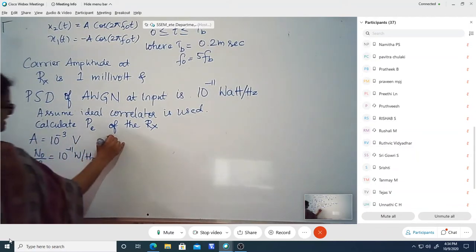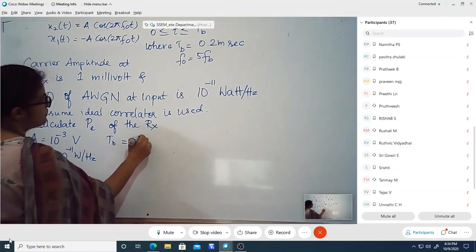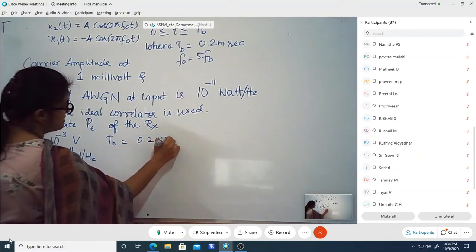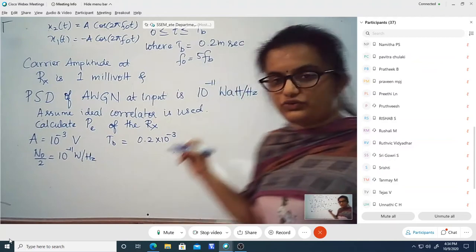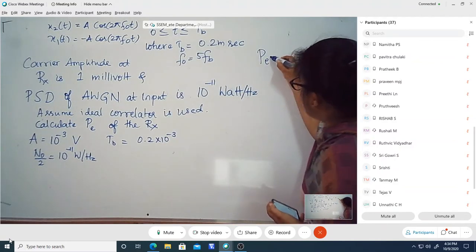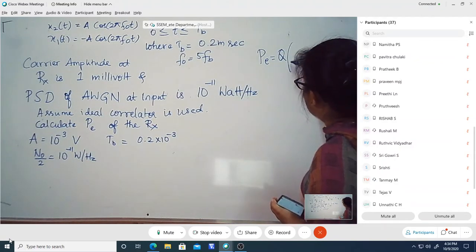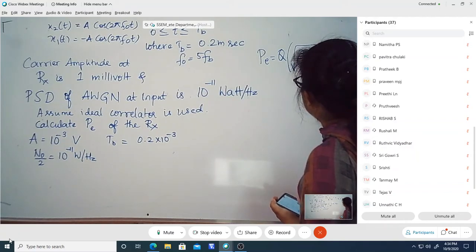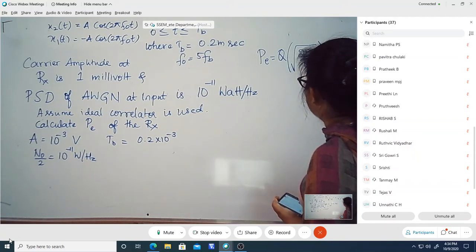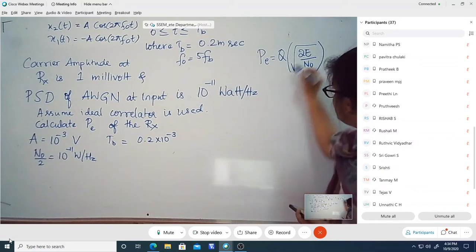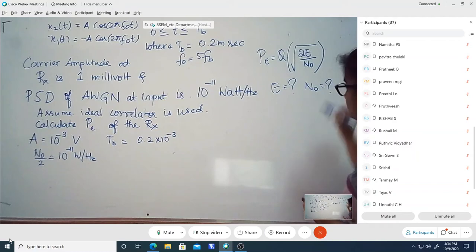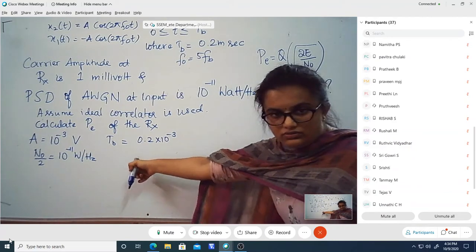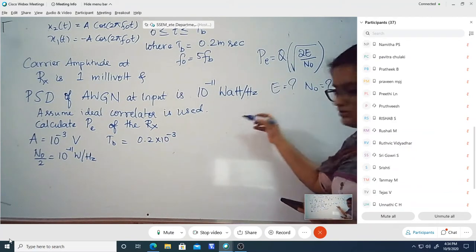Tb is the bit duration, 0.2 milliseconds. To find out Pe, which is Q of root 2Eb by N naught, I need E. N naught I already know. I want to find out E.